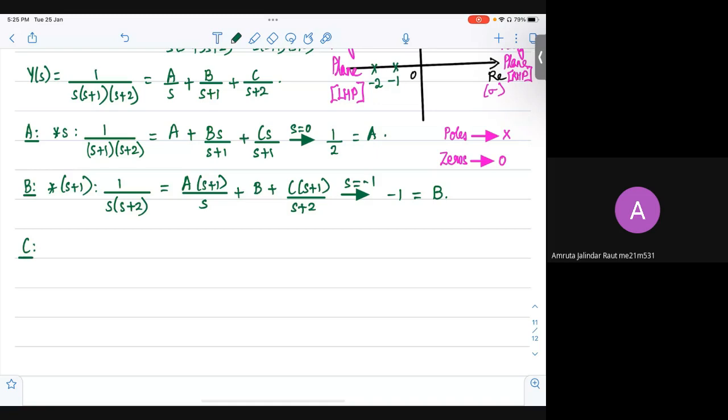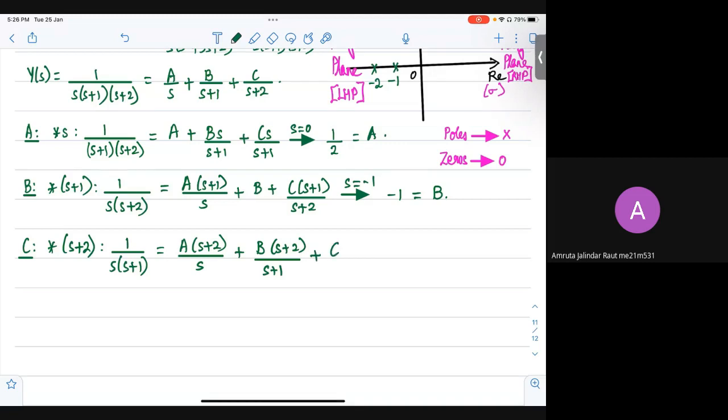Then, to find the factor c, I need to multiply both sides by s plus 2. The left-hand side will become 1 divided by s times s plus 1, and the right-hand side will become a times s plus 2 by s, plus b times s plus 2 divided by s plus 1, plus c.